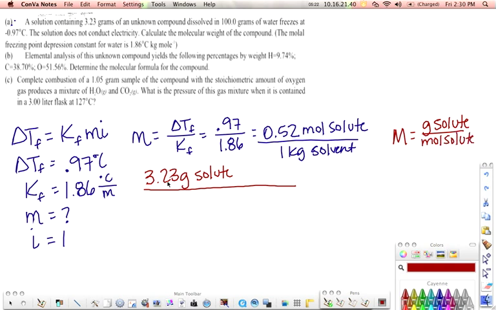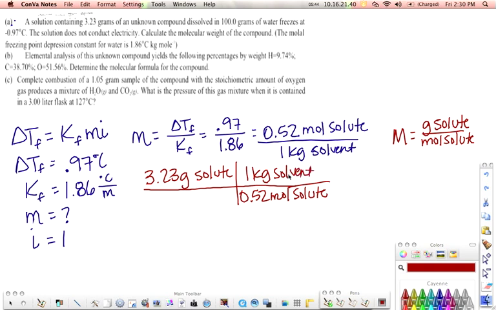Well, we have grams right here, so I'm going to start this little calculation and stick my grams on top. I know that this is my molality, and since I have moles of solute right here, I'm going to put that on the bottom: 0.52 moles of solute over 1 kilogram of solvent.